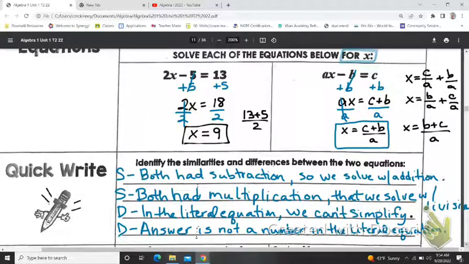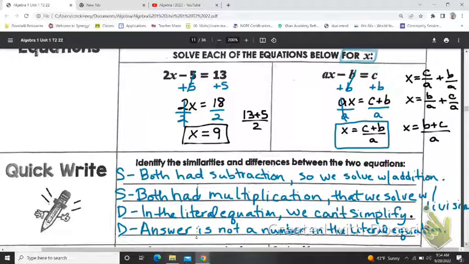And then just go ahead and take those steps. Just know that your final answer is not going to be simplified, so it won't be a number. There may be some numbers involved, but you won't just be able to get a final answer like we can with a traditional equation.